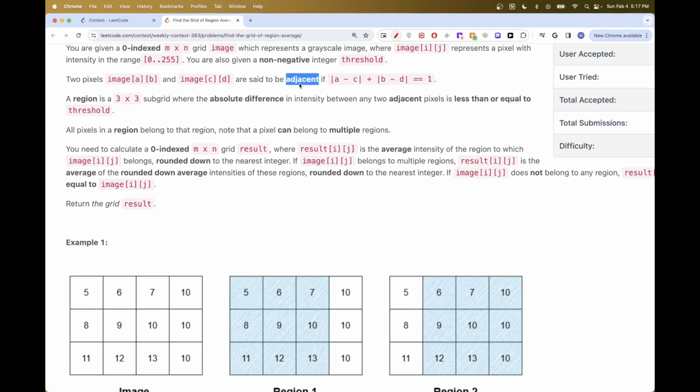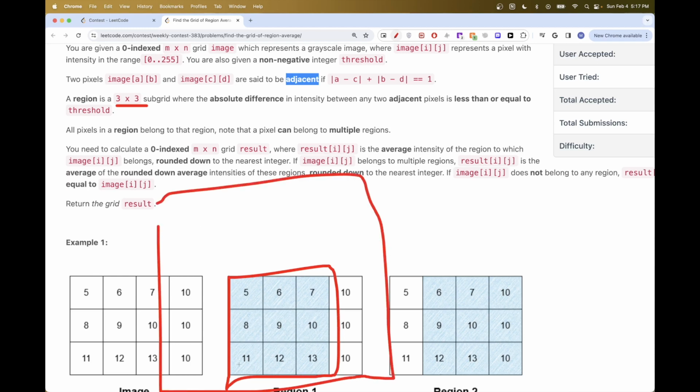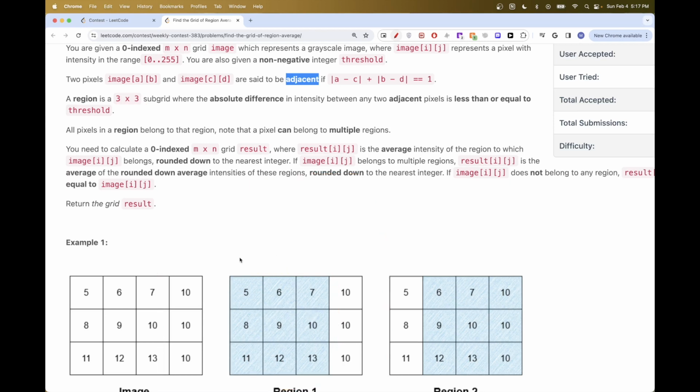Now, the other concept is that we call a region basically a subgrid that has these specific properties. First, it is a 3 by 3 subgrid. Even if the matrix was this big or bigger, it will only be any 3 by 3 subgrid.